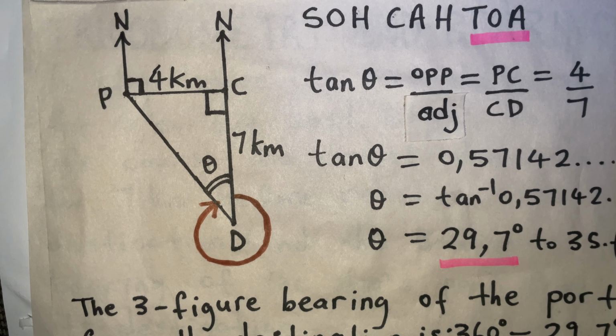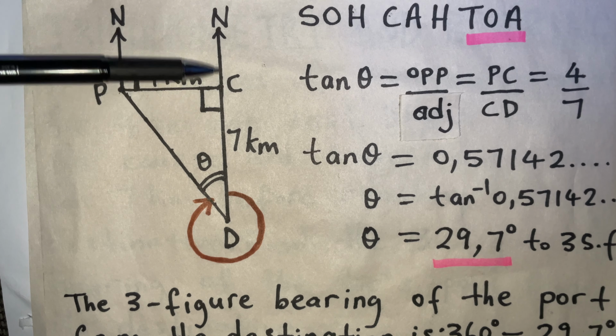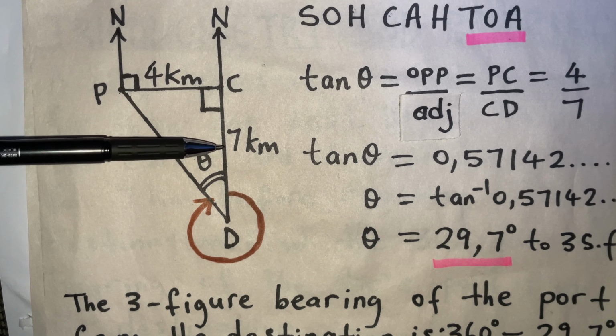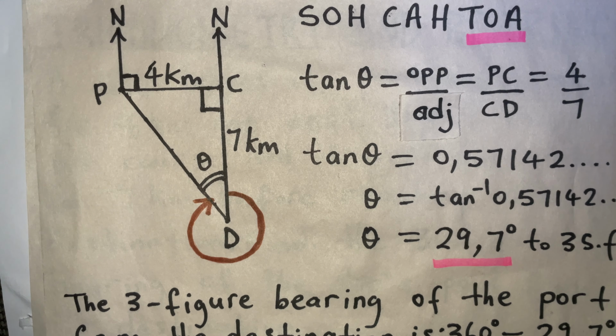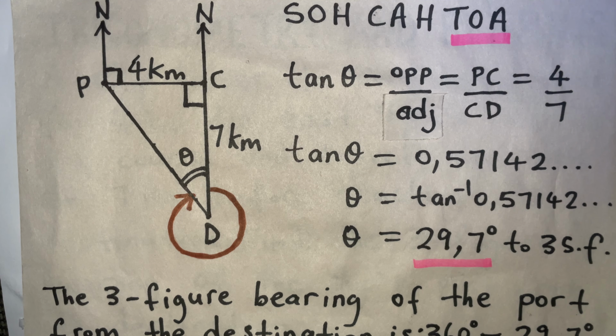Okay, so the ship started from its port P and traveled towards east for 4 kilometers, then changed direction and traveled for 7 kilometers towards south. So it's a triangular course, and it is in the form of a right-angled triangle.